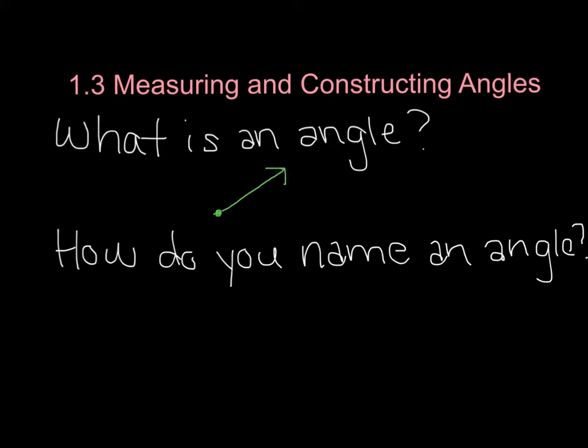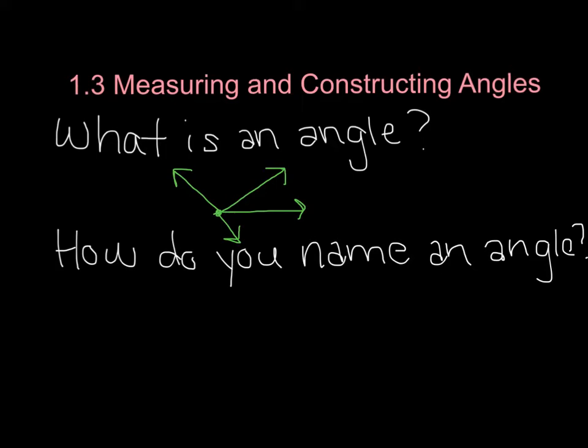Okay, so that's an example of a ray. Now, an angle is just made up of two of these rays. So it could go over here, over here, it could go down here. As long as it's made up of two rays, that forms your angle.